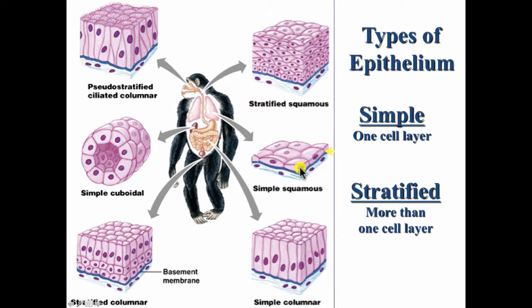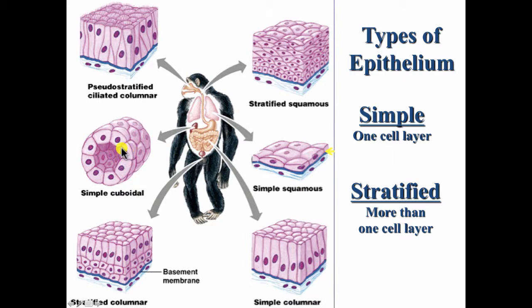Start with the simplest here, a simple squamous epithelium, a single layer of cells shaped like fried eggs, sitting on a basement membrane and also on a lamina propria. A simple cuboidal epithelium will generally have cells whose height and width are about equal.